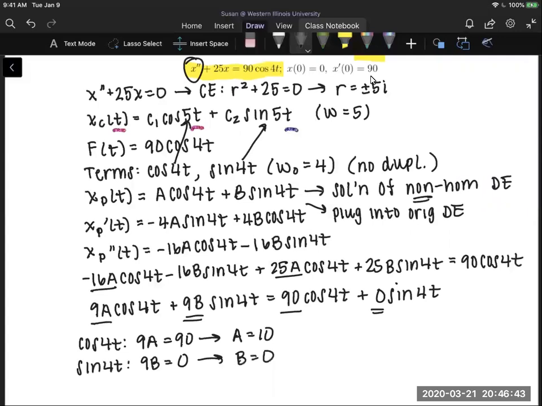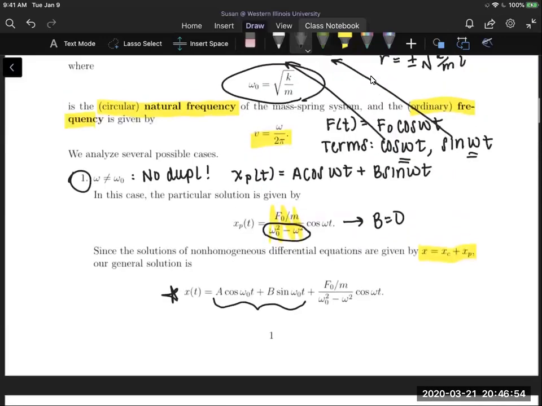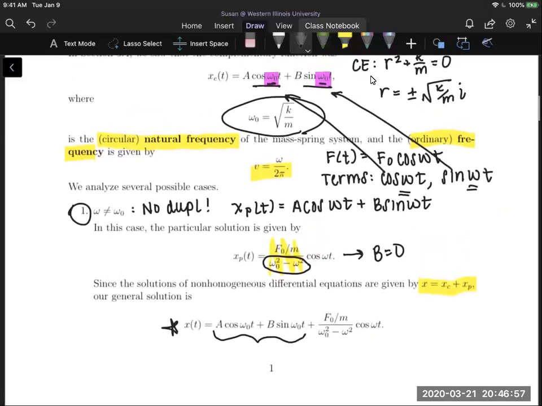So let's pause for a moment and double check if this makes sense with what the book had derived earlier. I'm going to scroll back up. Okay, the book had determined that the sine function was going to drop out, that b was going to be 0. That definitely checks out with what we have.